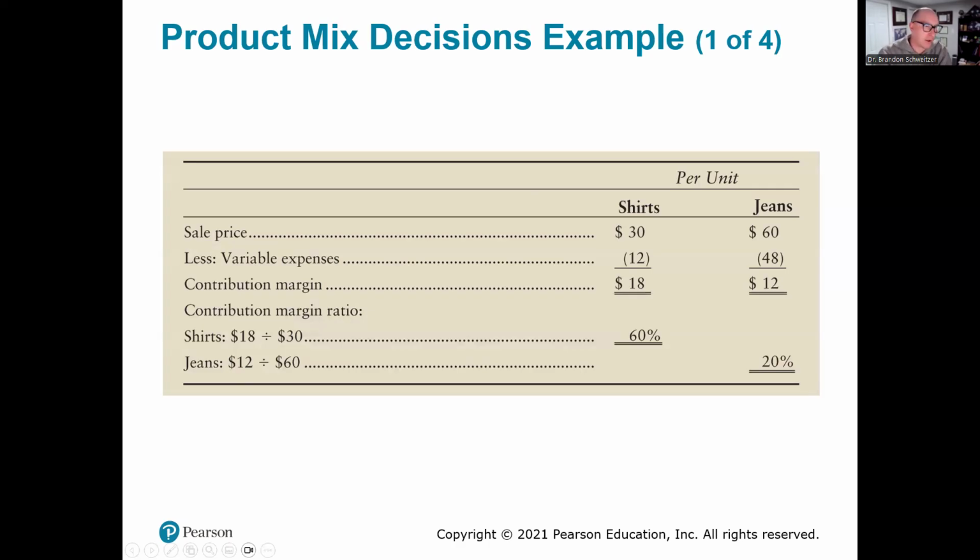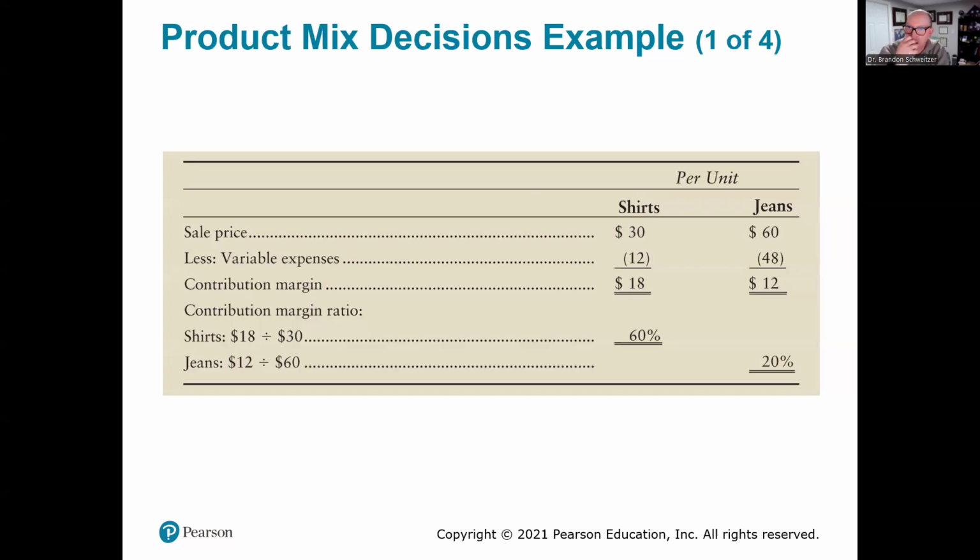So here we have an example of a company that sells two products. This company just so happens to sell t-shirts and jeans. Let's pretend they're Levi's. So Levi's sells their jeans for $60 a piece.